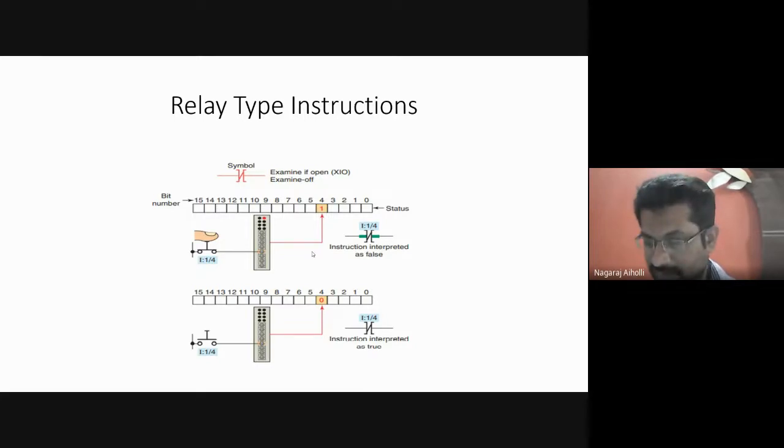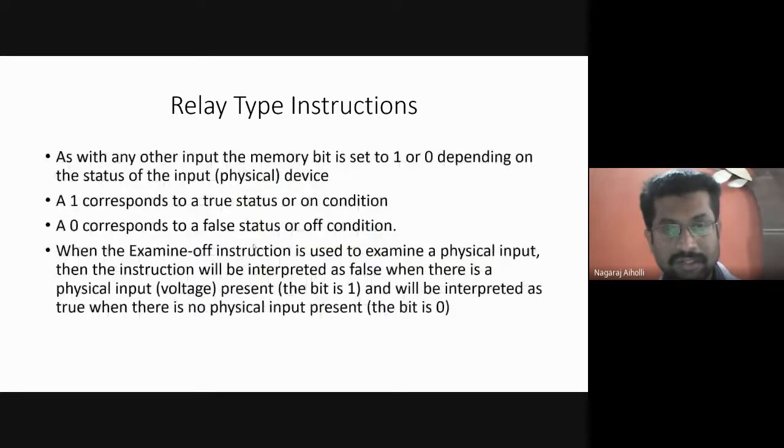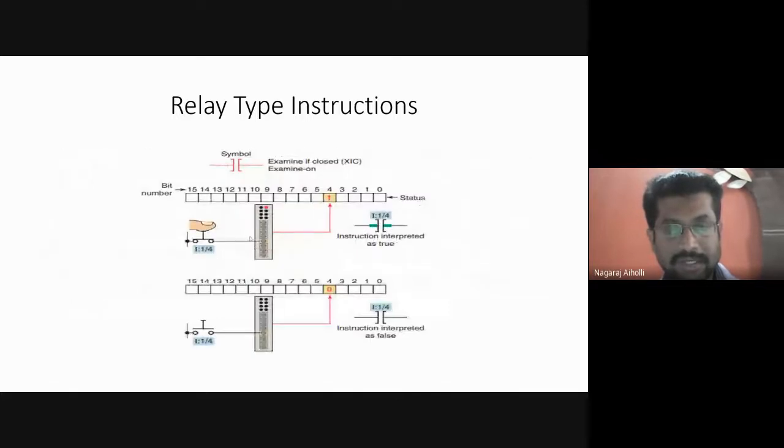Okay, I'll explain here. Previously, what was the condition for examine if closed? Let's check that. In examine if closed, we are pressing the switch, and that is stored as 1, and that is a true condition. Here we have the symbol with the crossed line in between the open bracket and the closed bracket.